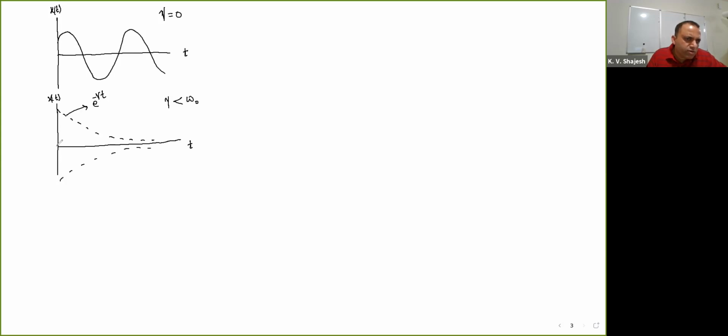It could start from 0 or somewhere else in general. We have a solution like this, and notice that this exponential of minus gamma t acts like an envelope, but this is not a perfect envelope in the sense that there is a small region where the actual solution could be greater than the envelope exponential of minus gamma t. So with that care in mind, this is what a damped harmonic oscillator looks like.